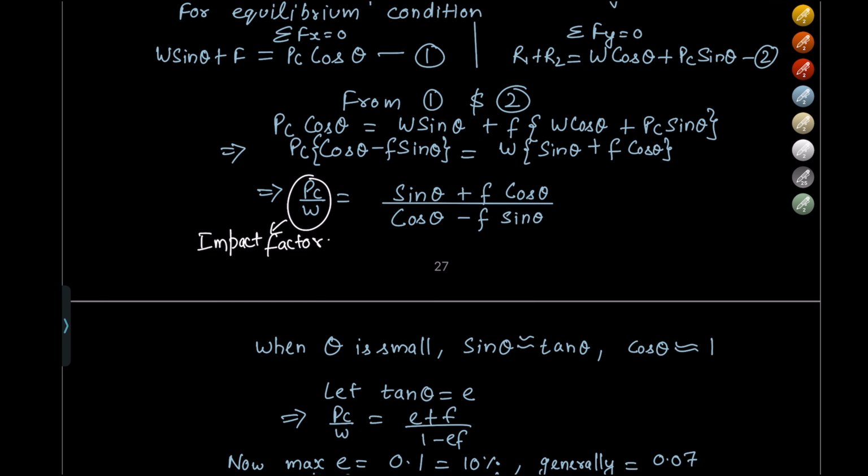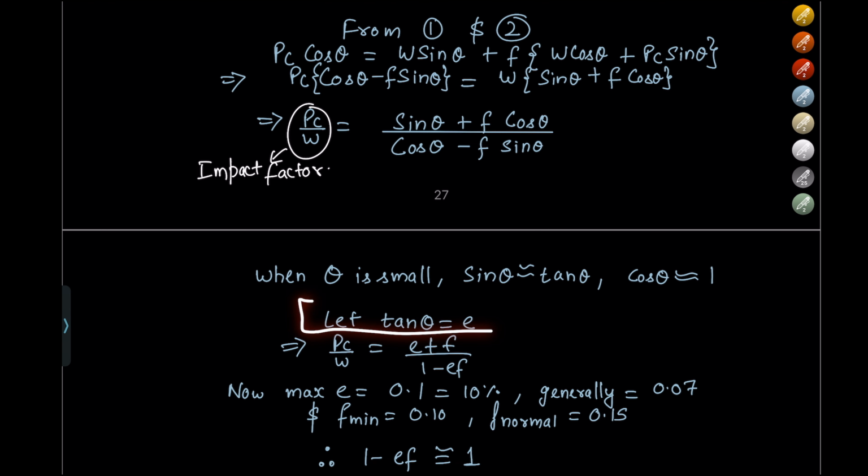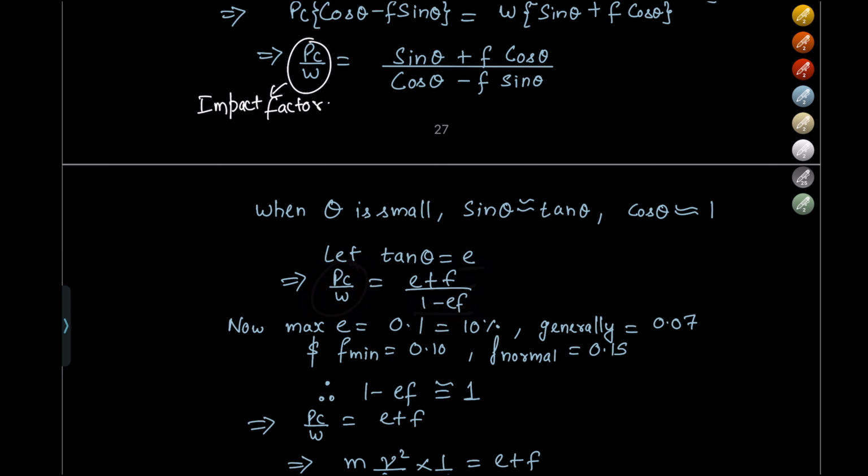Now let us assume that tan theta is equal to E, so that we have easy calculations, and it can be given the name E. So PC upon W is equal to E plus F, divided by 1 minus EF. Here this term has to be reduced because this equation is unsolvable due to complexity.